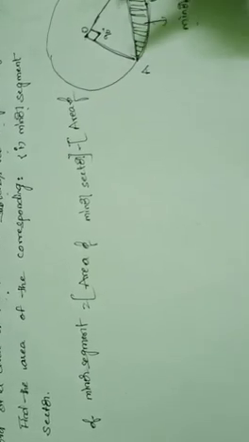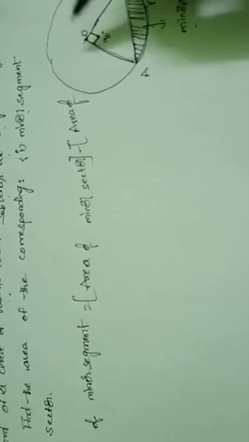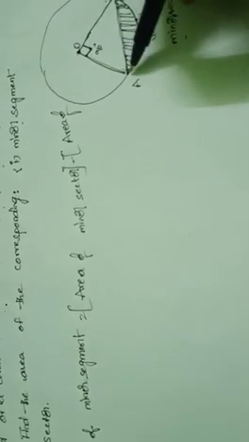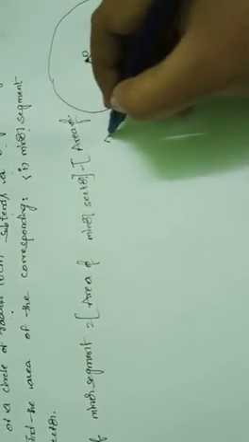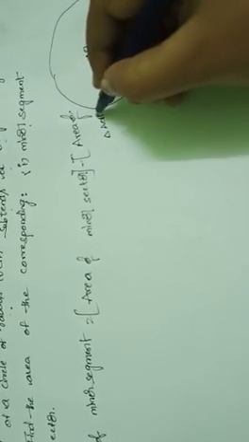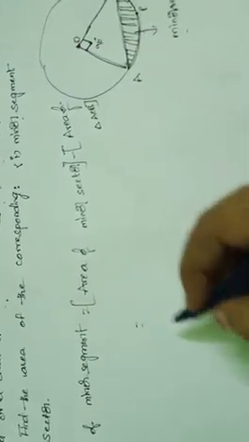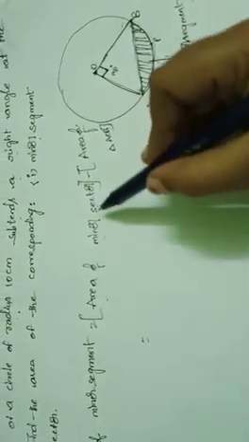So what is the formula for minor segment area? Area of minor sector, this total area, minus area of this part. This is like a triangle, area of triangle AOB. So we don't know area of minor sector.